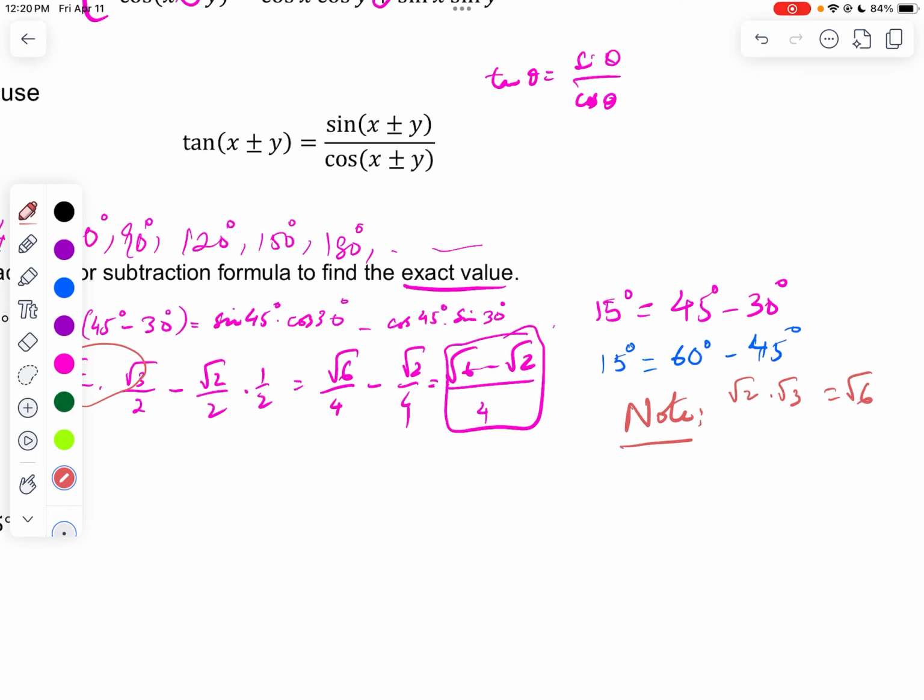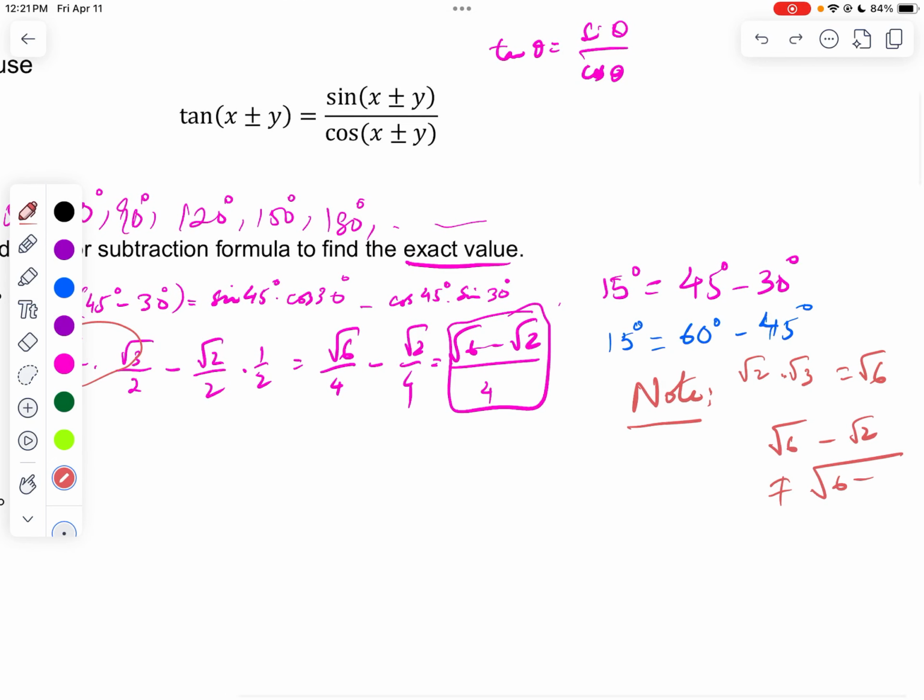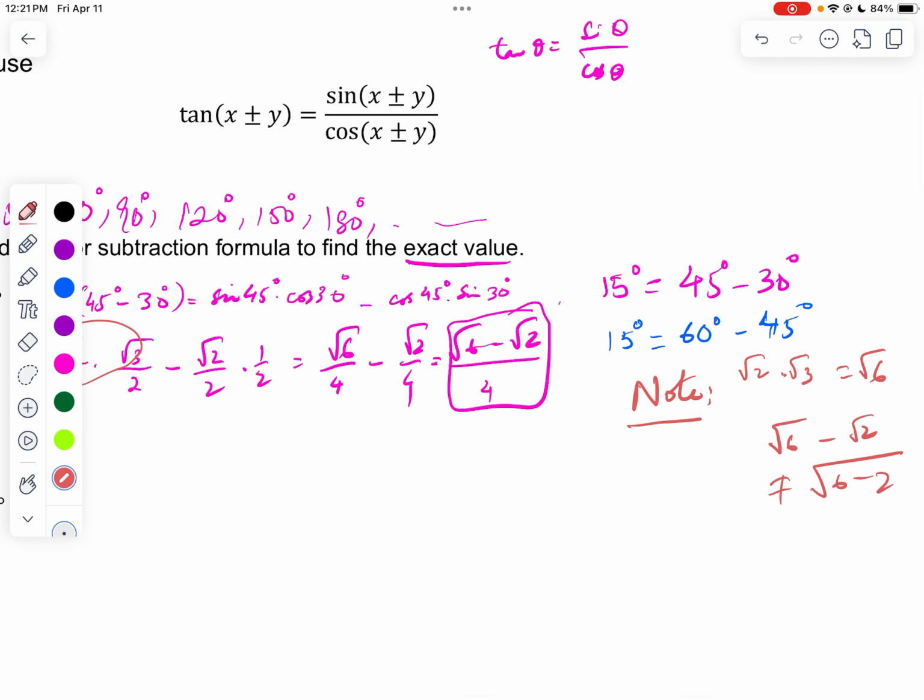So this is a product. But in the answer, in this numerator, remember that you cannot write it as square root of 6 minus 2. This will be wrong. So we leave it as whatever we have.